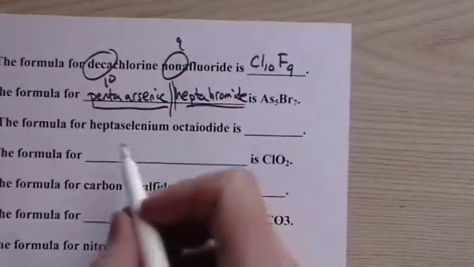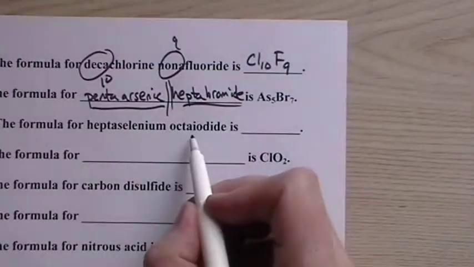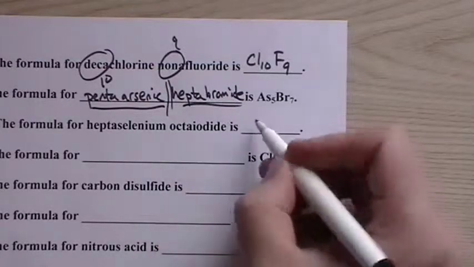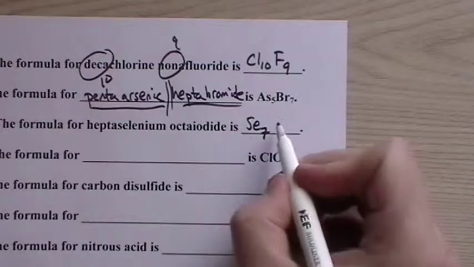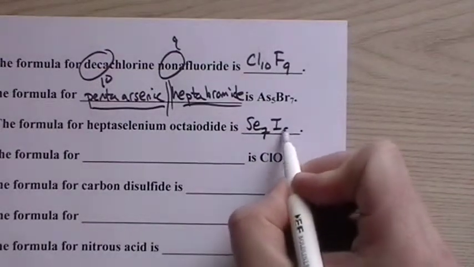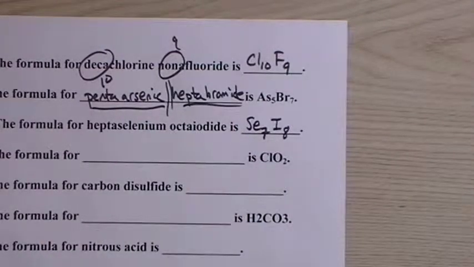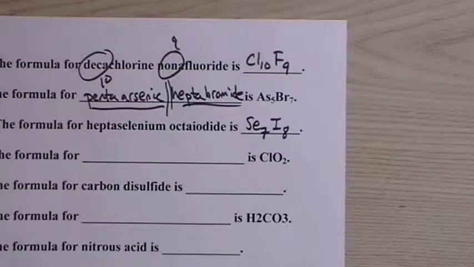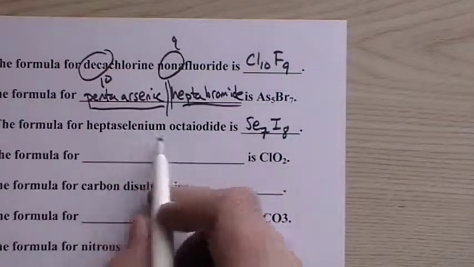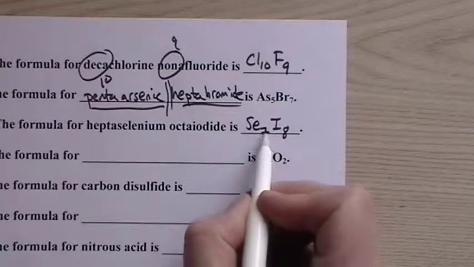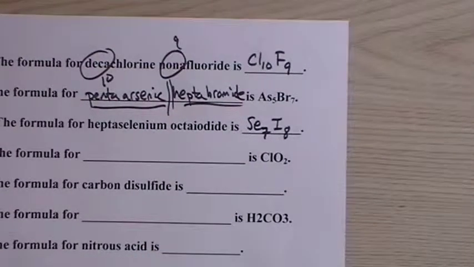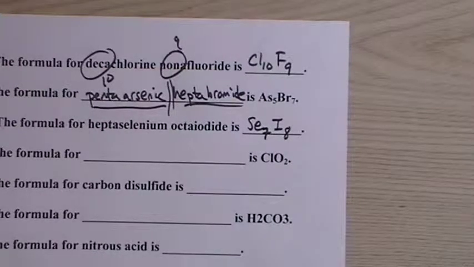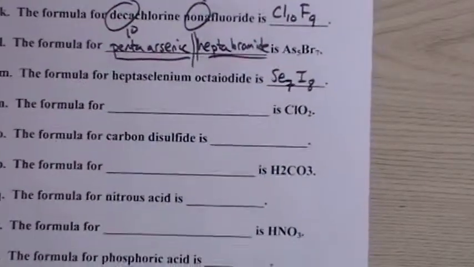The formula for heptaselenium octaiodide, so selenium here, and then iodide 8. Selenium, because it is a non-metal, could definitely be put in this form where it would be part of a molecular compound, even though it's also been used in an ionic compound, just like oxygen.